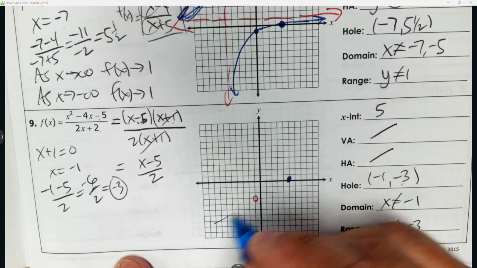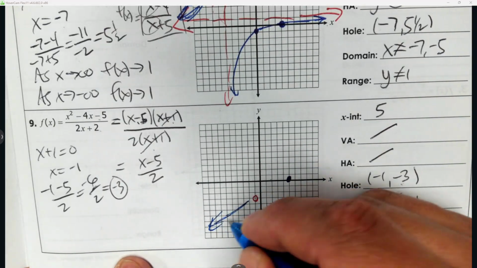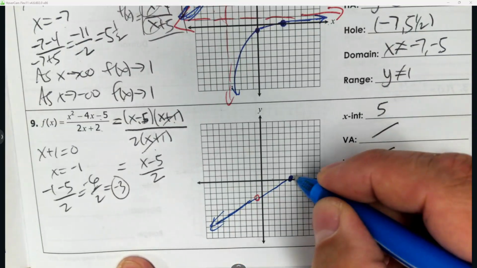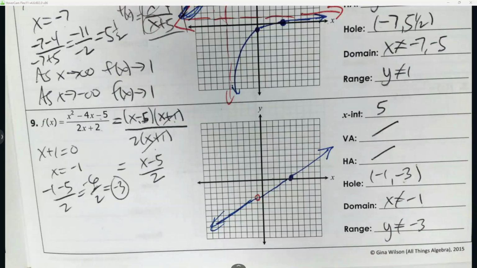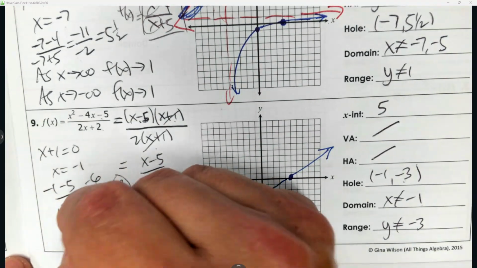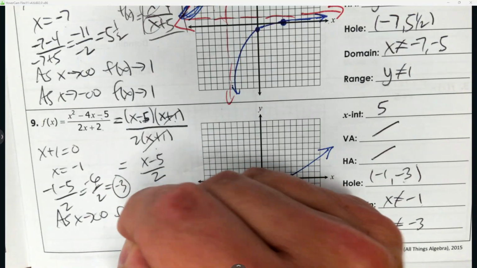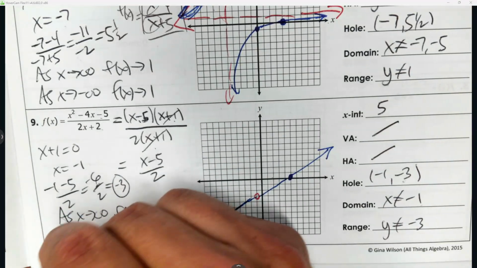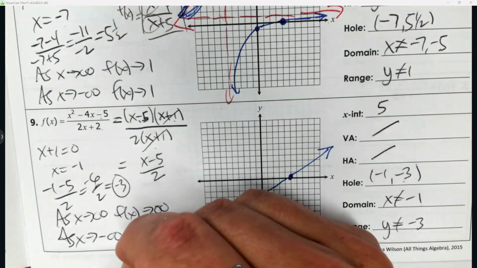And then we draw a line, hop over the hole, go through the line. And so we have a line with a hole in it. If I wrote down the end behavior here, we'd say there's no horizontal asymptote. So the right end goes up and the left end goes down.